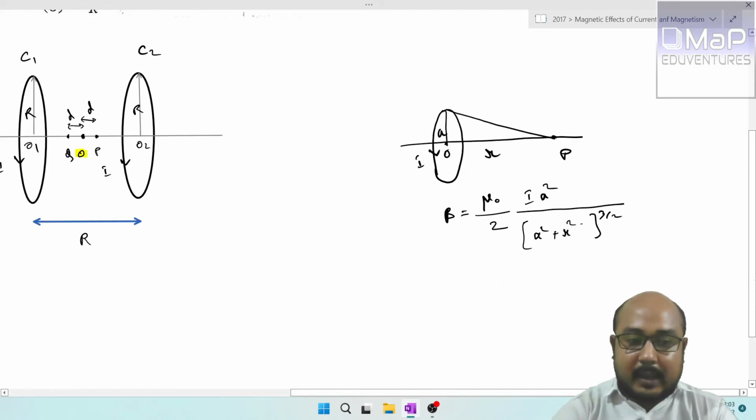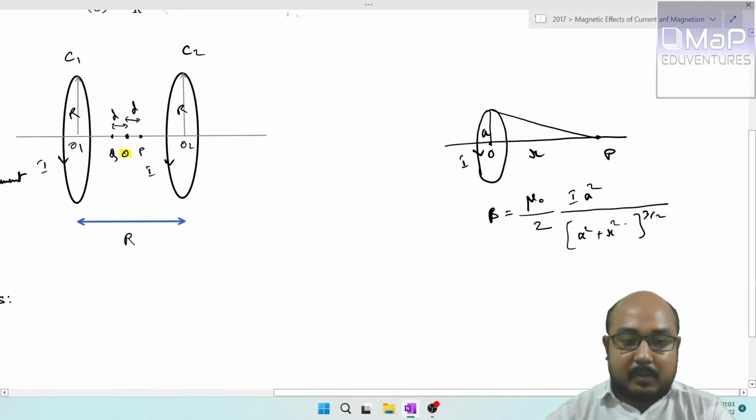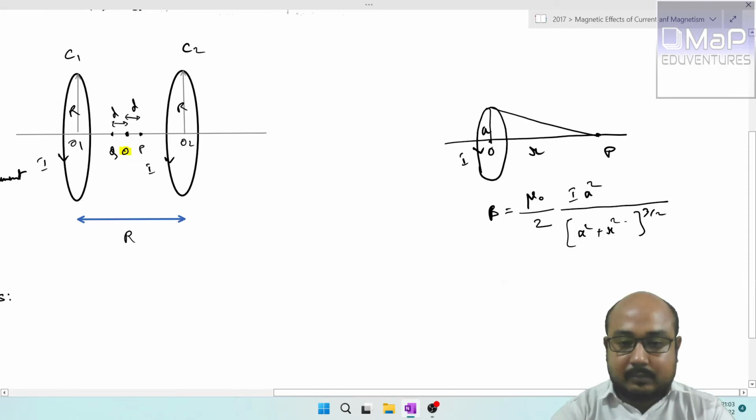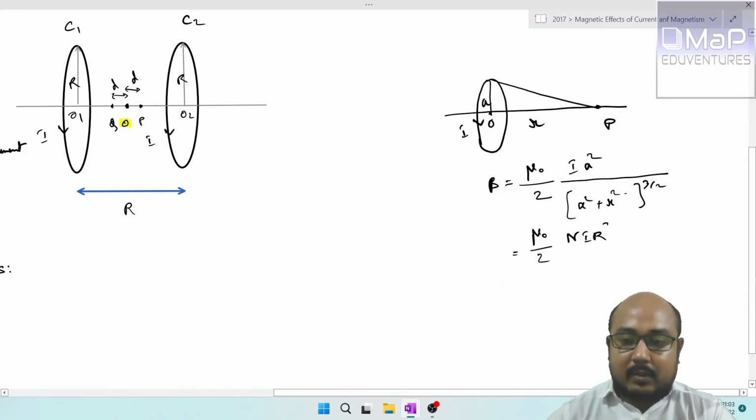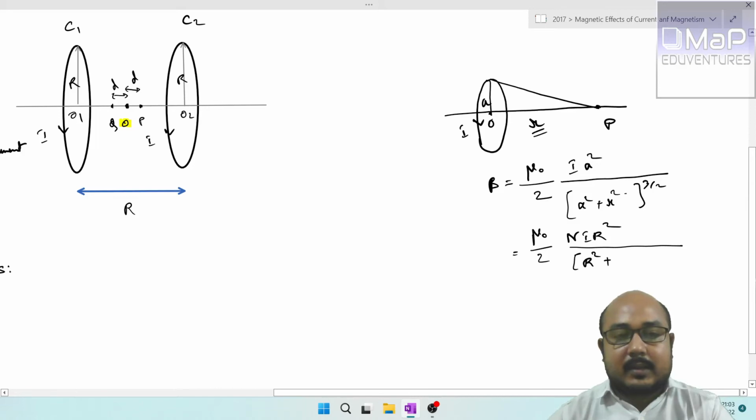This diagram is our main diagram. In this diagram, mu naught by 2 is a constant. There are n number of turns, so n will come with I, and the radius of the loops is R, so in place of A, R will come, and in place of R square, the distance will come. The small r here is the distance of the point P from O1.